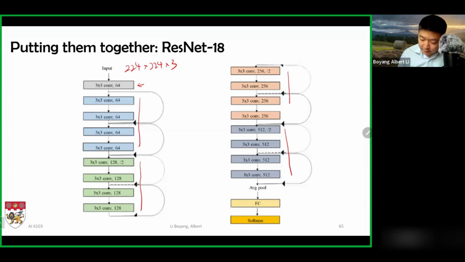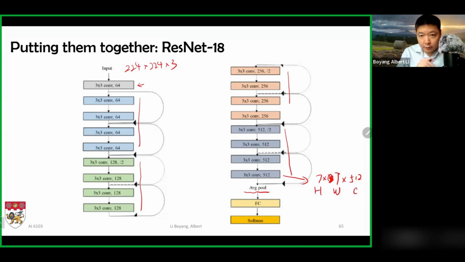And after the last convolution layer, we apply a global average pooling operation. The effect of that is no matter what the feature map size is, what the spatial dimension is, typically it could be 7 by 7 in terms of H and W, and it could have 512 channels.